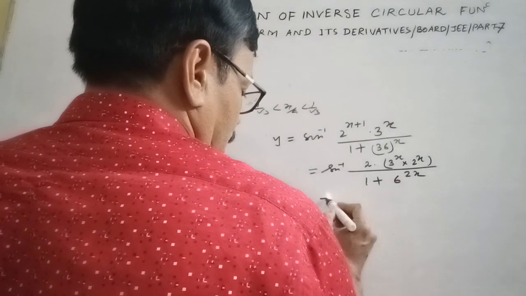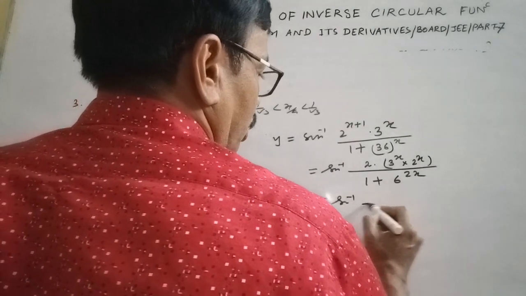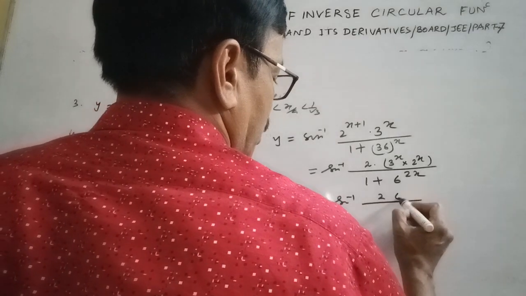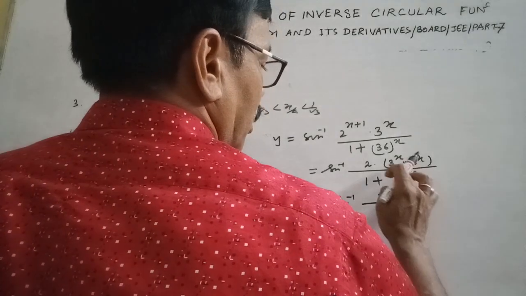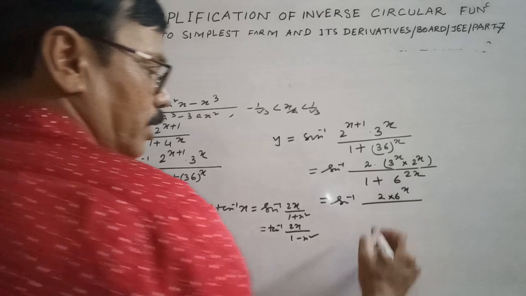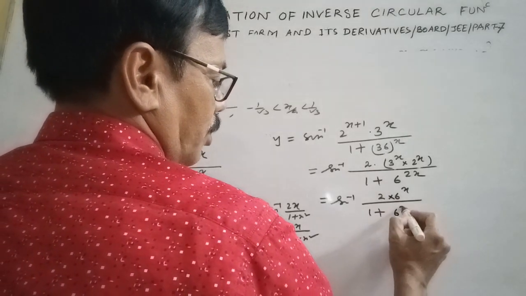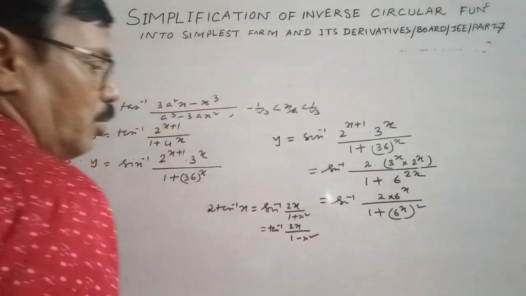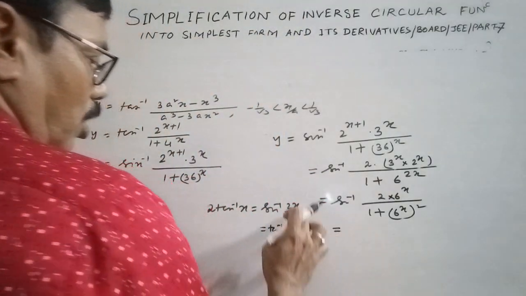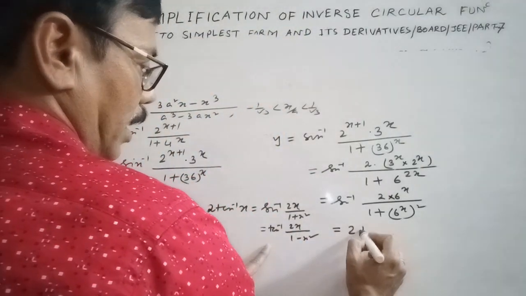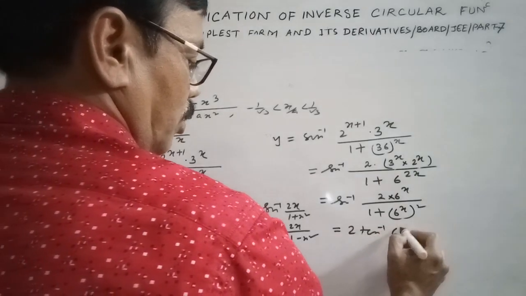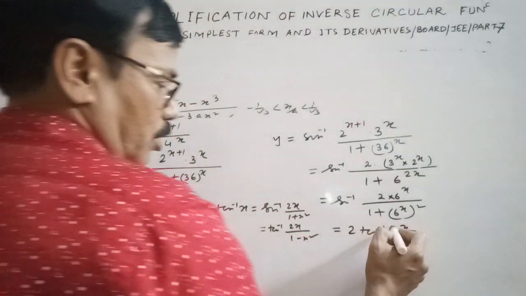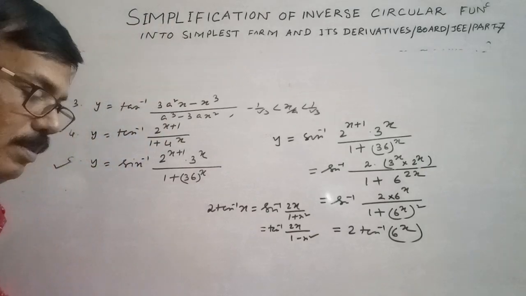Now this is sine inverse 2 into 6 to the power x by 1 plus 6 to the power x whole square. So this is formula of 2 tan inverse 6 to the power x. So this is simplified value.